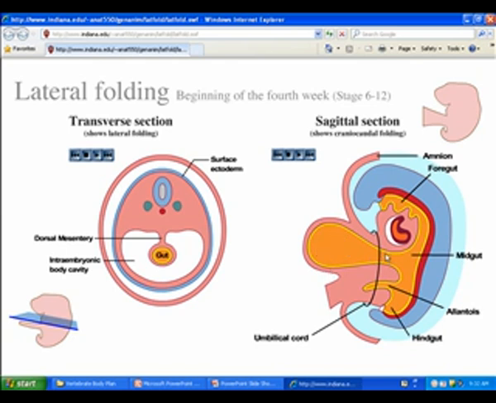The yolk sac midgut communication is called the vitelline duct, and the vitelline duct, along with the umbilical vessels and a little bit of this structure called the allantois, are going to be the structures found in the umbilical cord. Notice again how the embryo is completely surrounded by the amniotic cavity.